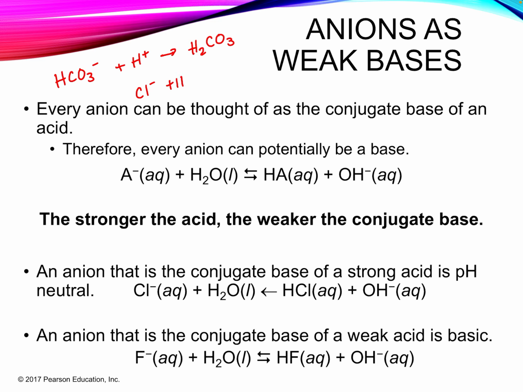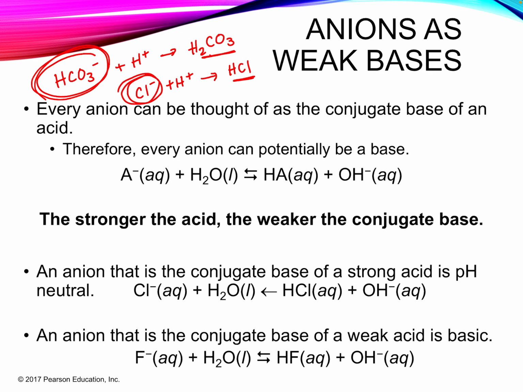If we add a hydrogen onto that, that came from hydrochloric acid. So anytime we have an anion, we're going to add a hydrogen on just to see what acid it might have come from. If it came from a weak acid, then this will cause a basic solution. If it came from a strong acid, then it will cause a neutral solution.